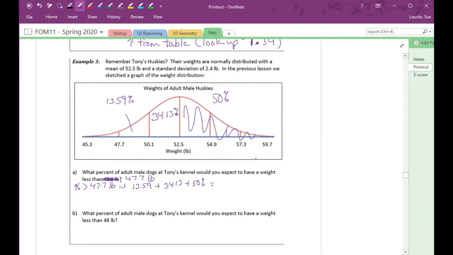oh, I actually have to redo these calculations because I'm changing the question. 13.59 plus 34.13 plus 50 is 97.72%.